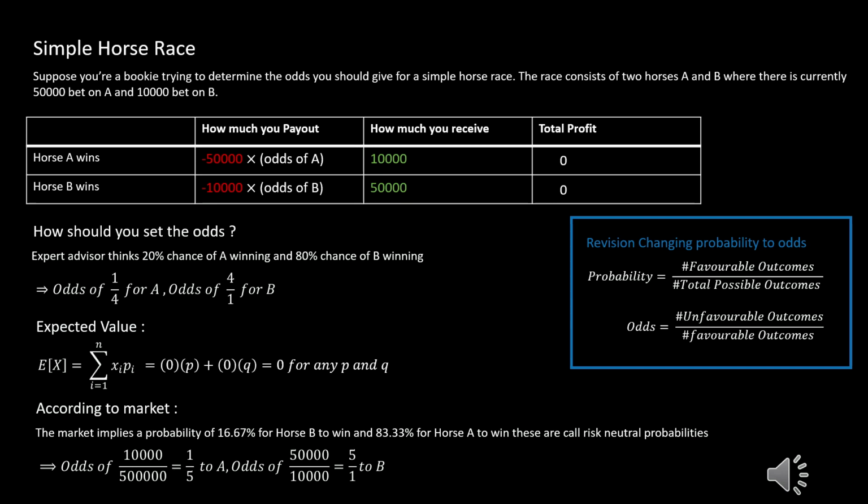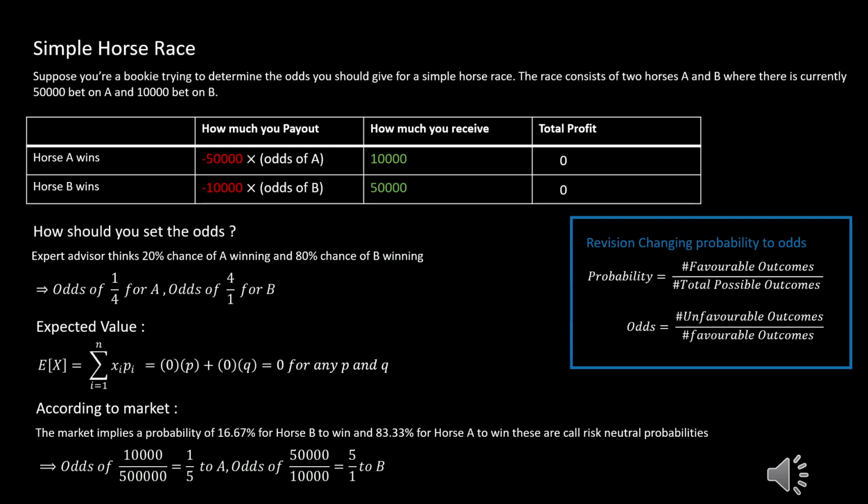In this simple example, we have actually considered many important topics in probability. First of all, we have a random variable. This was which horse will win the race. We could have also considered how many strides the horse takes or if a horse will fall, but the random variable we chose is which horse will win. Then on this random variable we defined different probability distributions. We had the expert advisor probability distribution, we had the actual one, and we had the risk-neutral probability distribution.